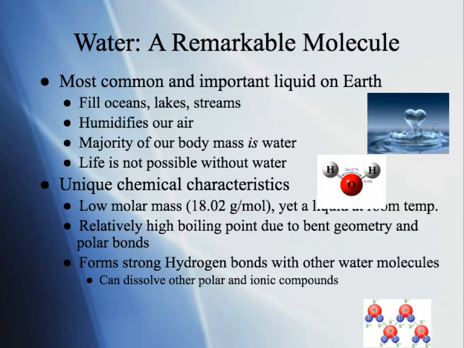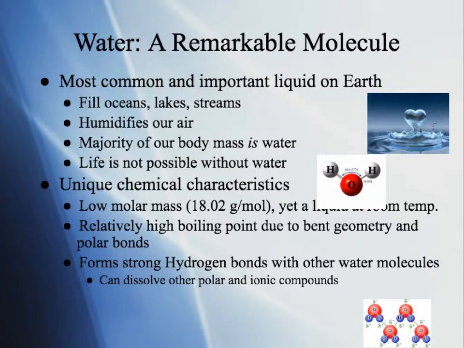It's also got a relatively high boiling point, due to its molecular geometry and its polar bonds, like we were talking about. So it's going to take a lot of energy to boil it. And it forms strong hydrogen bonds with other water molecules. So it can dissolve other polar molecules and ionic compounds.